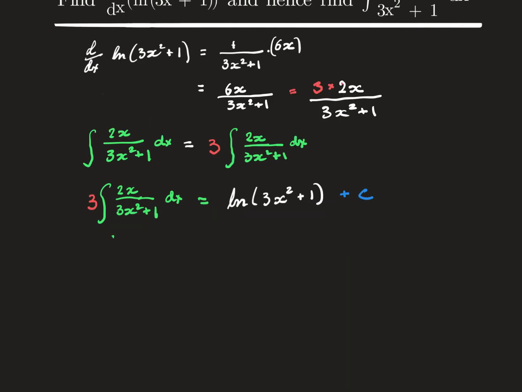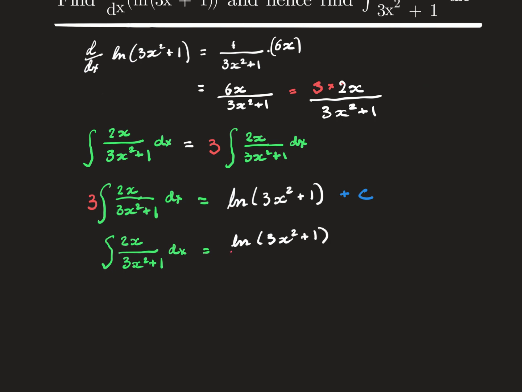And because we don't want the 3 in front, we'll just rewrite this green function here. And we can now put the 3 underneath the 3x² + 1.